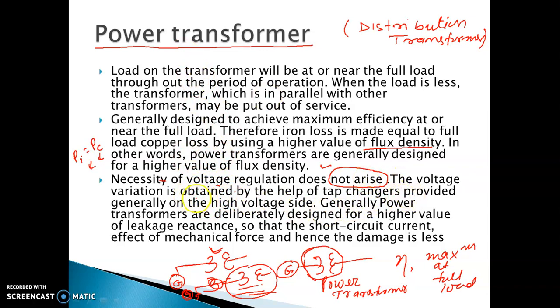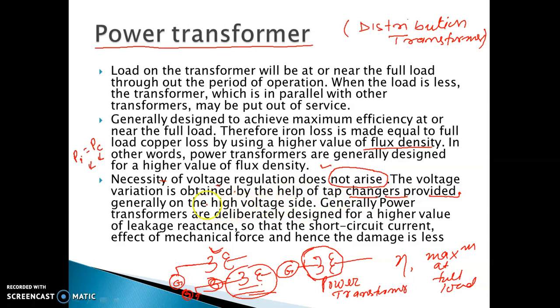The voltage variation is obtained with the help of the tap changer, generally provided on the high voltage side. If you want to change the voltage, you need to provide a tap changer. But here, due to the load, voltage fluctuation is not considerable.